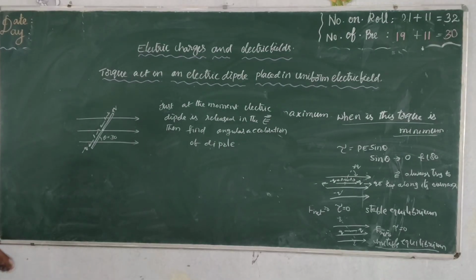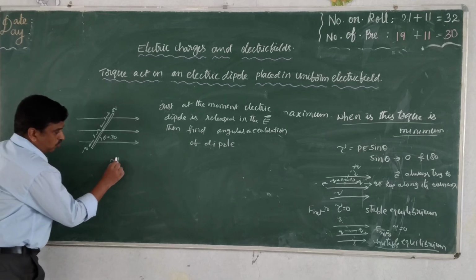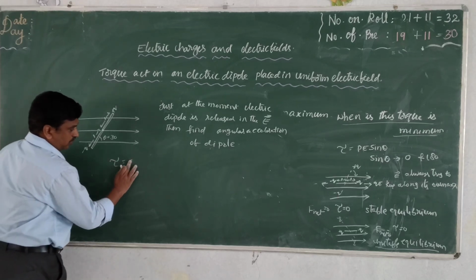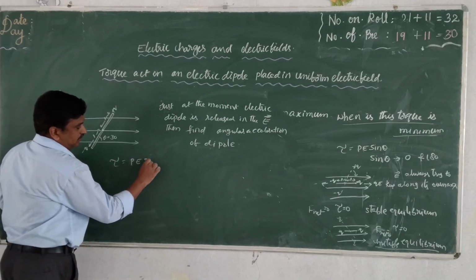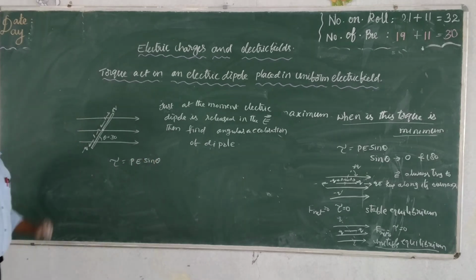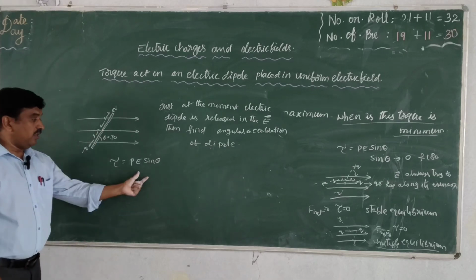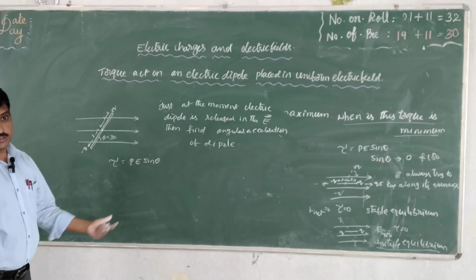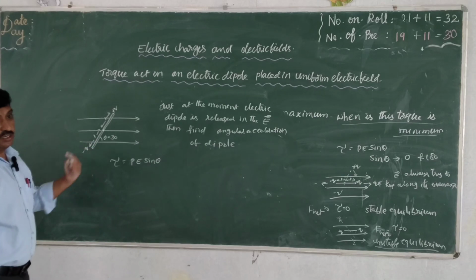For that, torque equals P E sin theta. Here P means electric dipole moment, E means electric field, and theta is the angle between the electric field and the electric dipole moment.